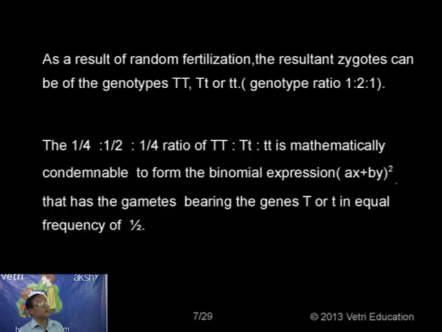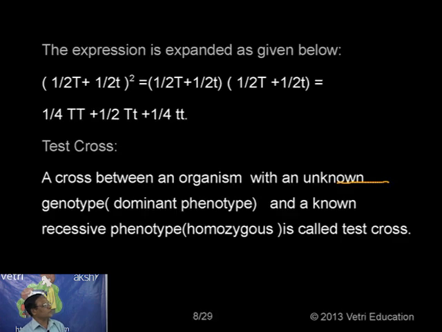We can express this in the form of a mathematical binomial expression, (ax + by) whole squared, giving 1:2:1. That means each gamete normally has the gene capital T or small t in equal frequency of 50%, that is 1/2. Now, the expression is expanded as given below. See, 50% capital T and 50% small t.